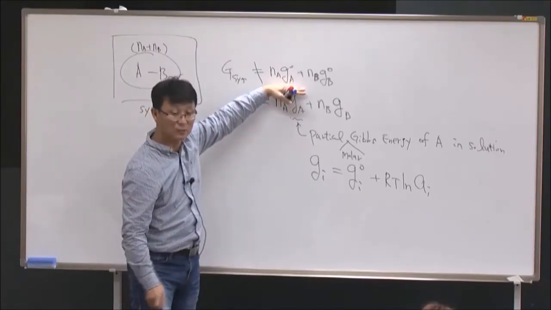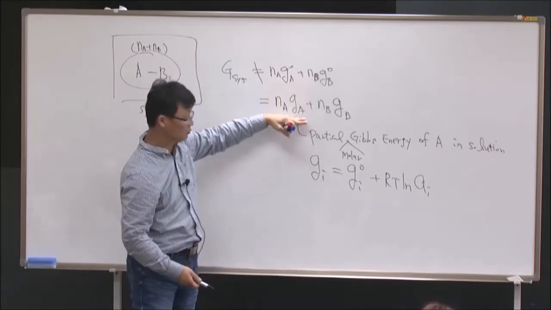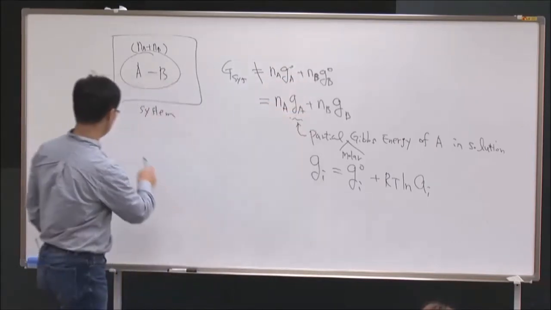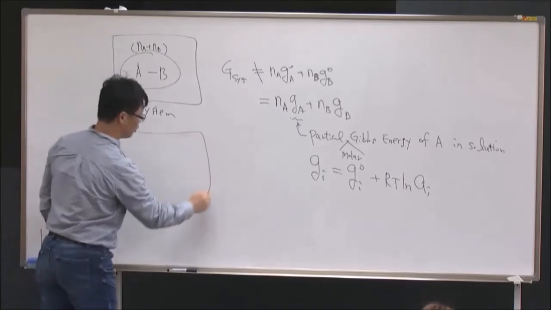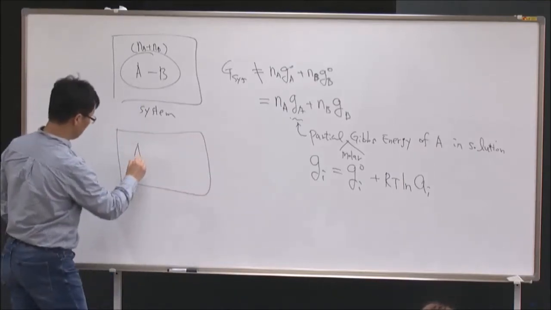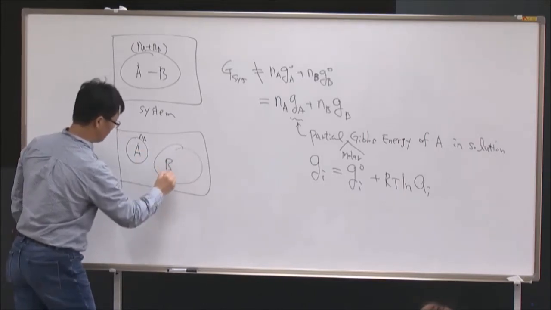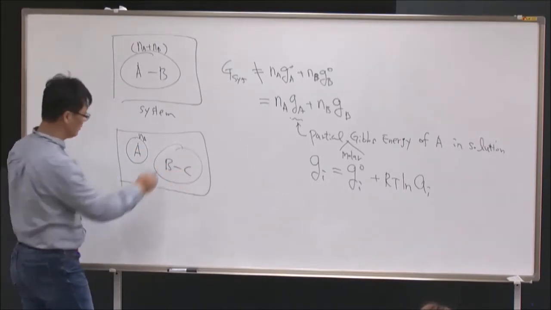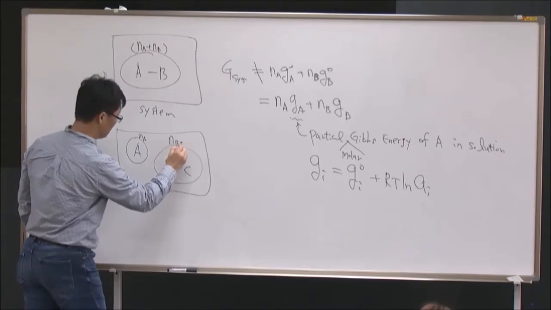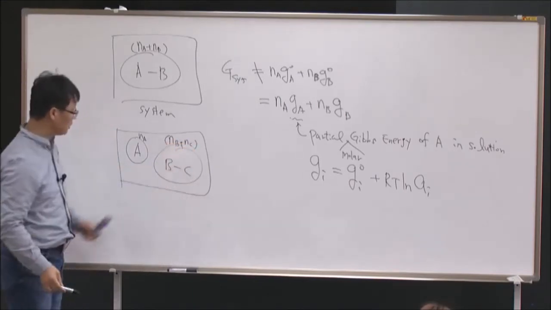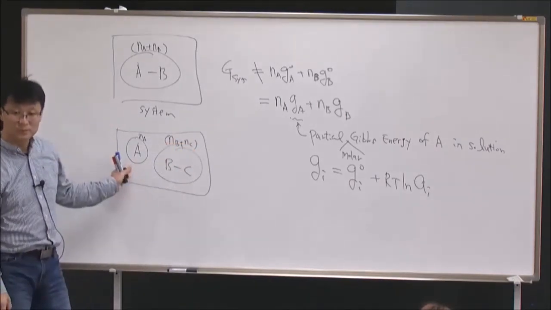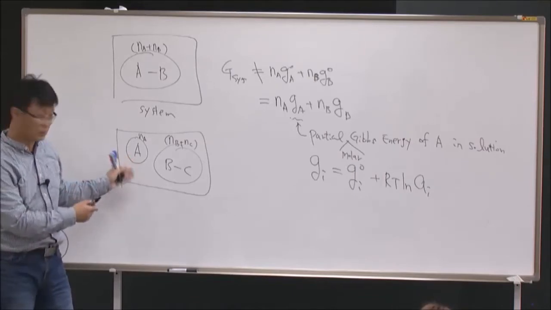Certainly, this is not. We can accept that. And then we want to express something like this. Now you have a more complex system. So when you have an A phase of NA moles, and for example a BC solution phase of NB plus NC moles, how can I express this one? This is also another question.